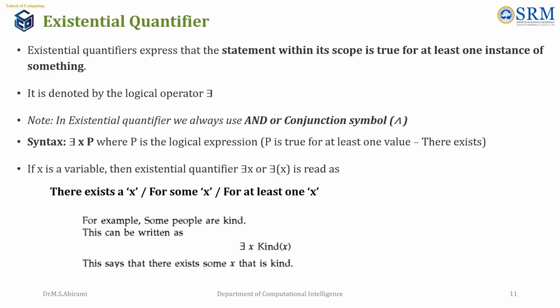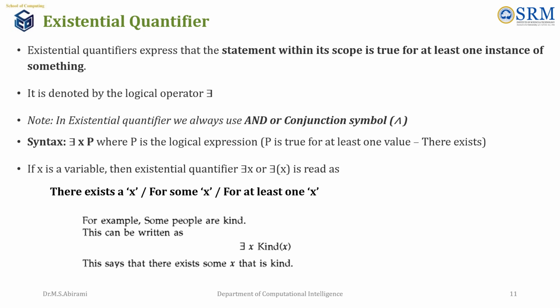Then the next quantifier is existential quantifier, which expresses that the statement within its scope is true for at least one instance of something. It is denoted by the logical operator ∃, there exists. Note, we always use the and or conjunction symbol in the existential quantifier.